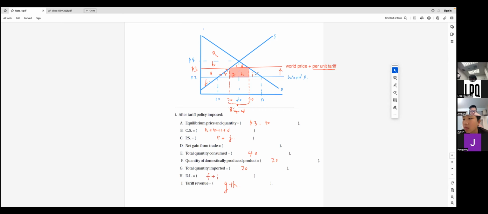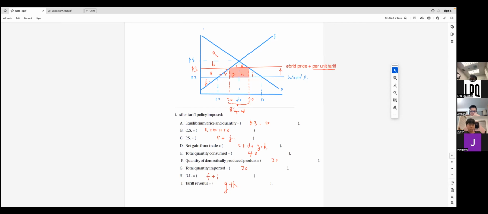So F and I. So the net gain from trade compared with a closed economy increased by C, D, G, H. We cannot include F and I, right?